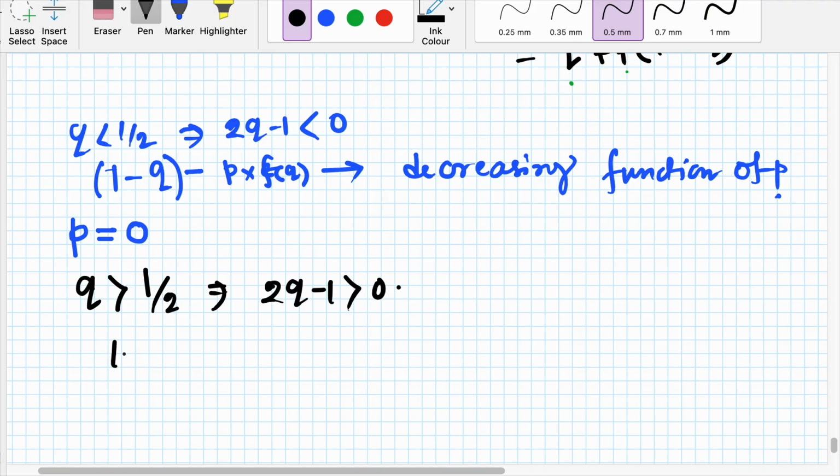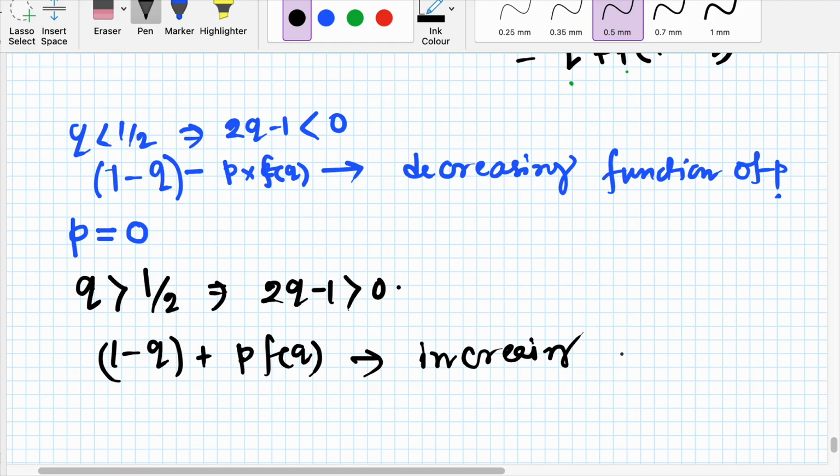and this becomes an increasing function of p, and the individual wants to deviate from any strategy p to p equal to 1.